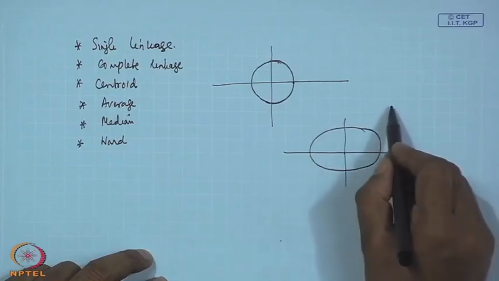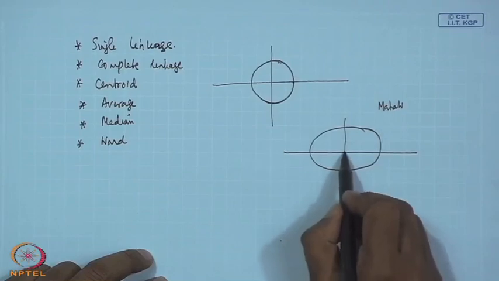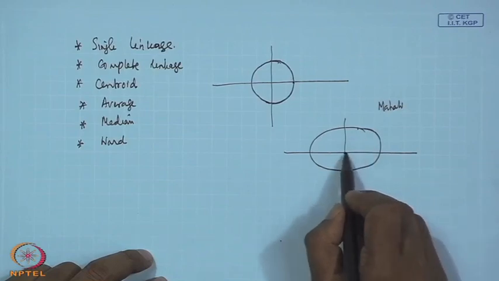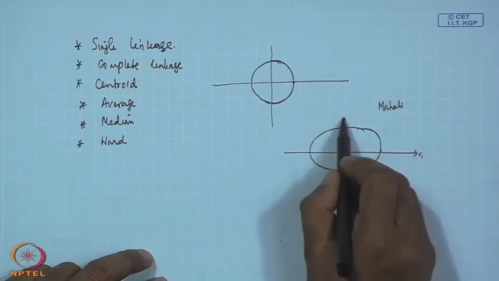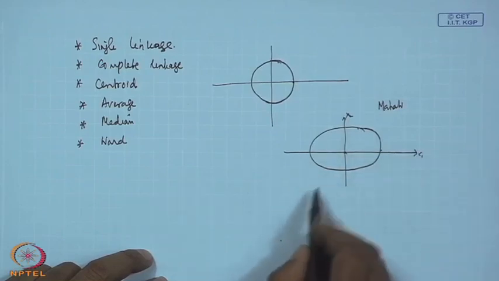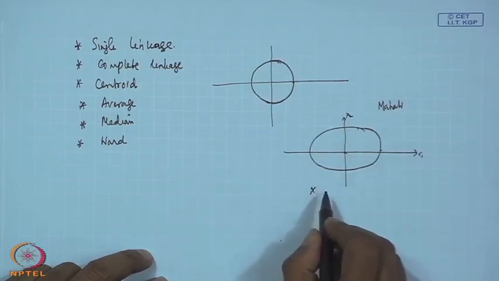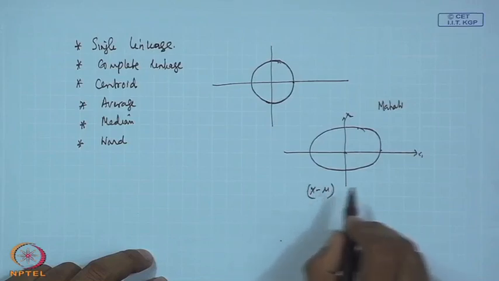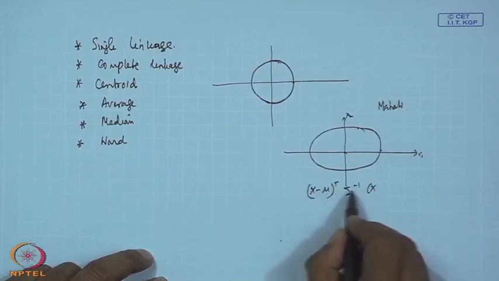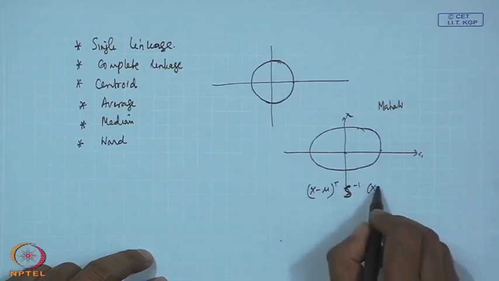If you see the Mahalanobis distance, all points on the ellipse are equidistant, because the variability across x1 and the variability across x2 are weighted, and that is why you get x minus mu transpose sigma inverse. Here we will use Mahalanobis S inverse x minus mu.